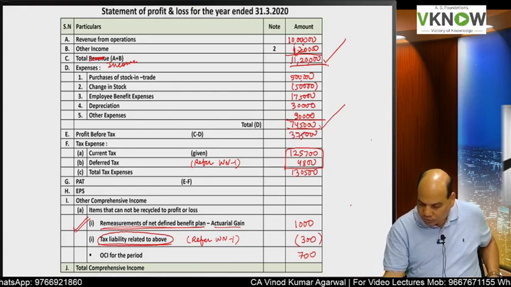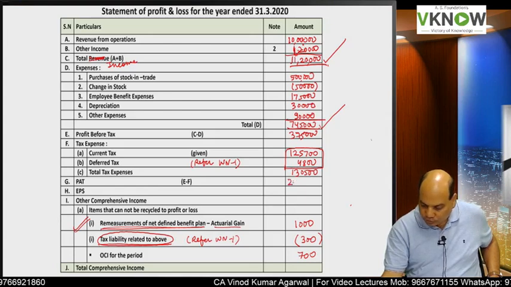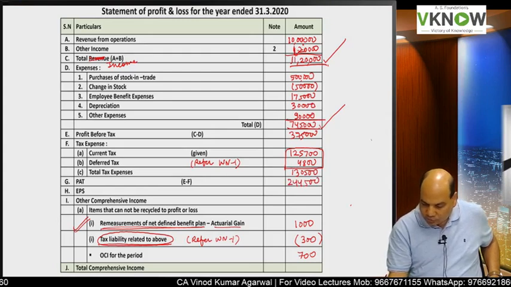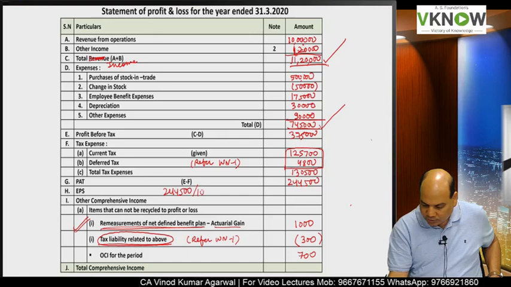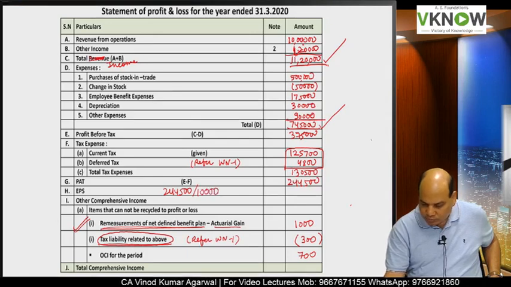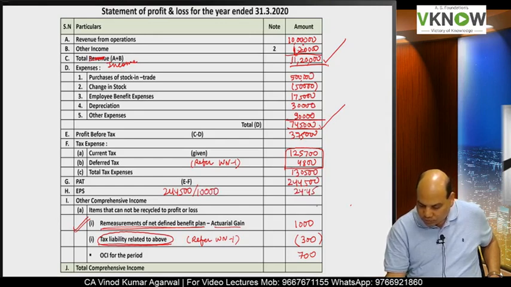Then minus 1,30,500, that is 244,500. EPS will be 244,500 divided by 10,000, that is 24.45.